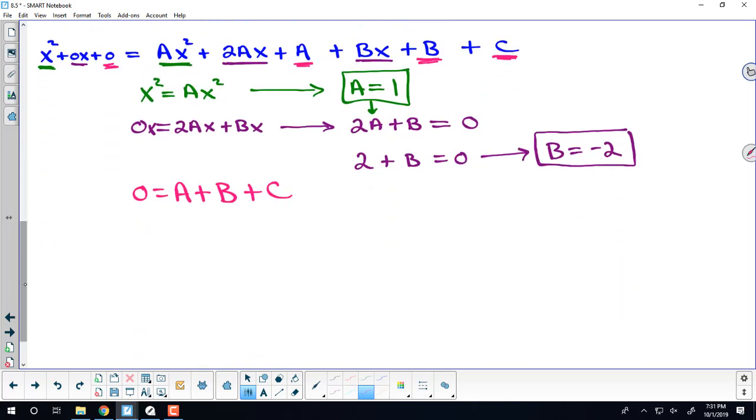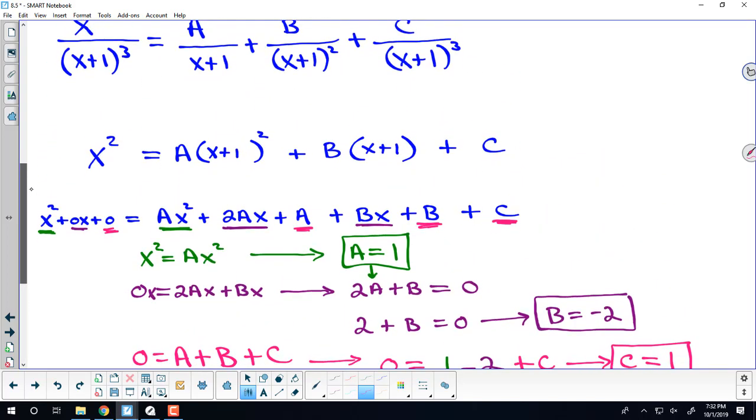Okay, we have A, we have B, we can solve for C. 1 minus 2 plus C equals 0. We have -1, so C equals 1.